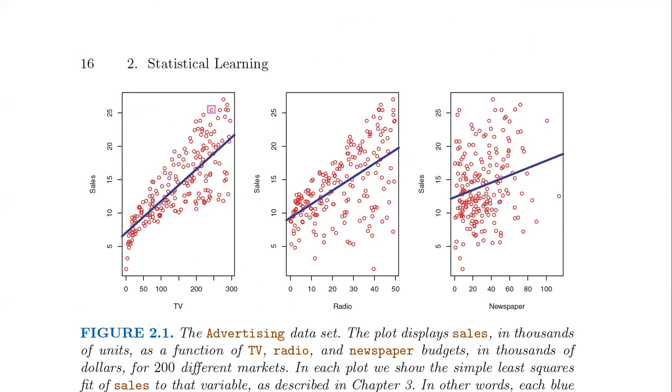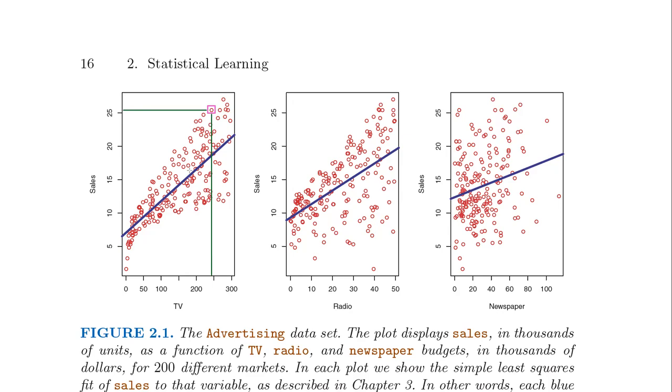So imagine maybe this observation with roughly $250,000 towards the TV budget and resulting in roughly 25,000 sales of whatever item we're offering the general public.